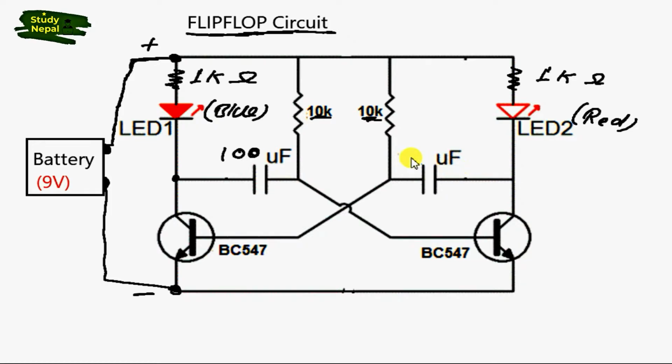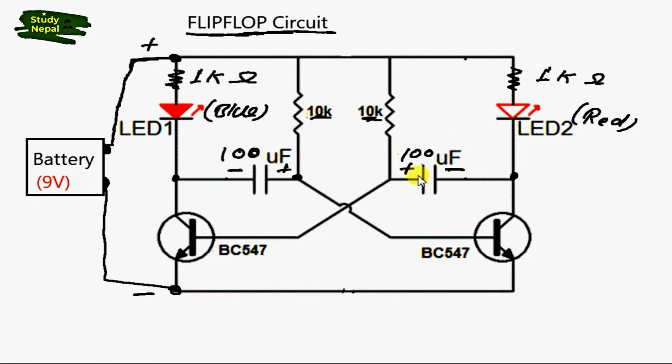Same here, the value of this capacitor is also 100 microfarad, and the capacitor is connected to the next resistor which has a value of 10 kilo ohm, and the same happens on the next side also, because this is the same on both sides. Here also the red LED is connected to the capacitor. Here this one is the negative terminal and this one is the positive terminal. Here also this one is the negative terminal and this one is the positive terminal.